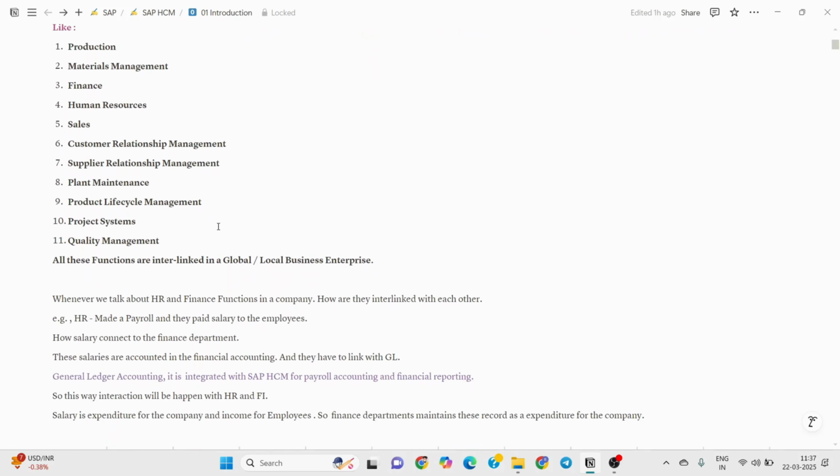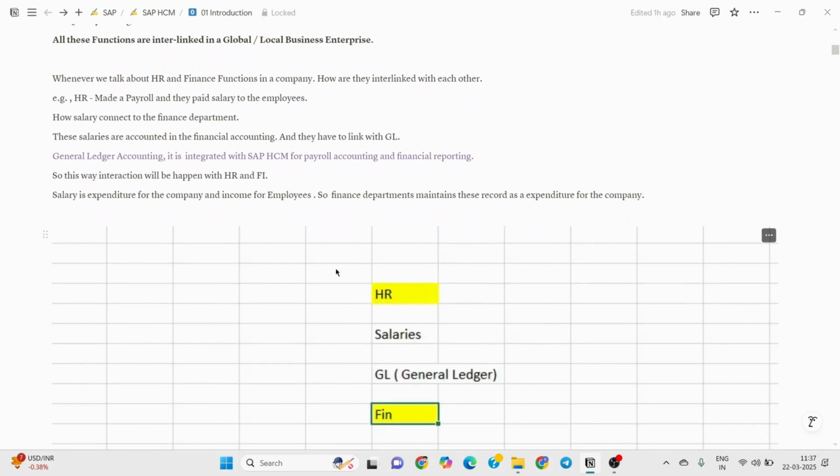Assume HR is one function of a company and finance is also one function of a company. So how are these two functions interlinked with each other? To interlink them, we require an interface, a middleware, through which these two functions are connected.